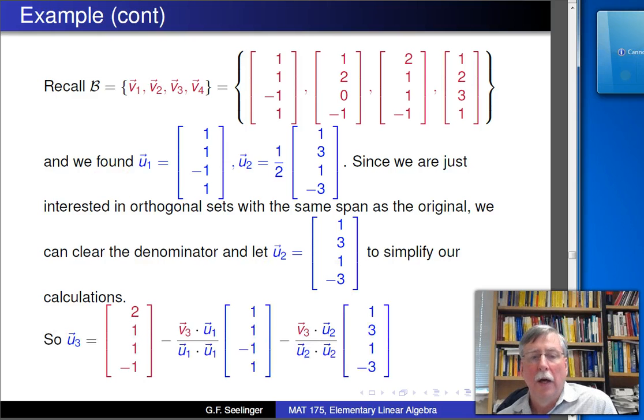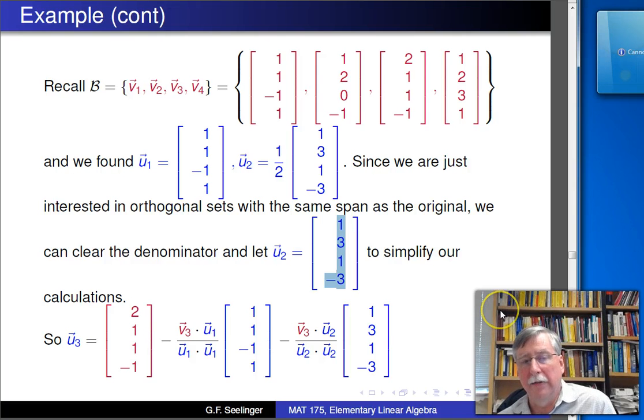Okay. And so I try U3. Remember, I take this vector here, but instead of using these two vectors, I'm using my new vectors here. So I'm using this as my U1 and this as my U2. I've got to use the modified vectors in this formula.